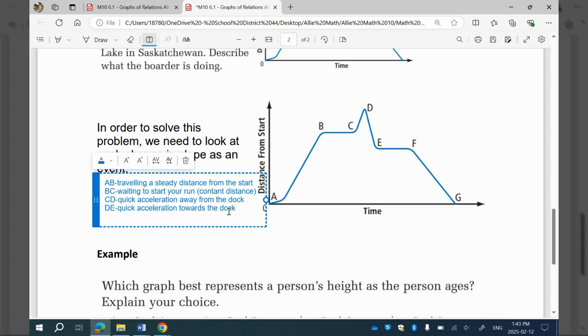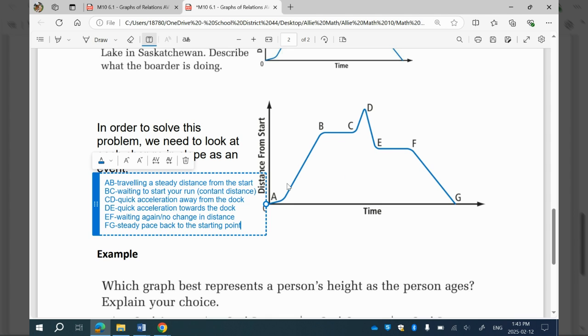And then from E to F, waiting again, no change in distance. So maybe if there's several boats, this person is just waiting to return to the dock. So time continues to move on, but the distance doesn't change. And then from F to G, a steady pace back to the starting point.